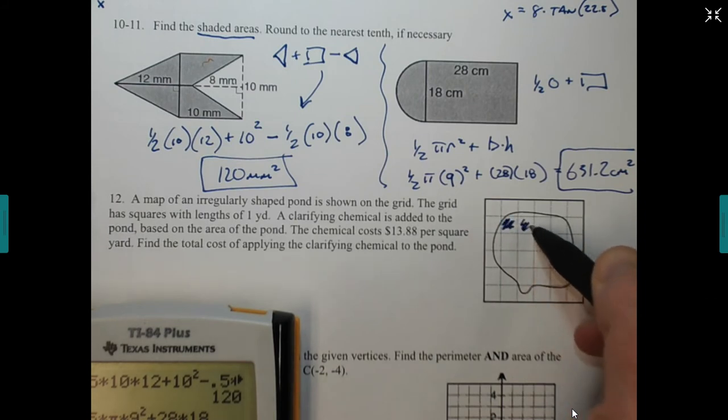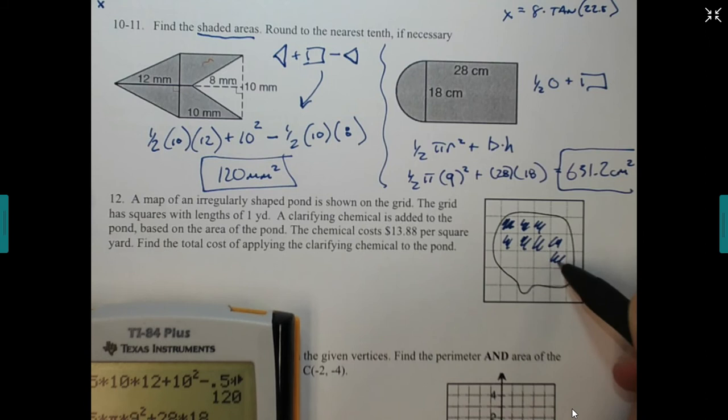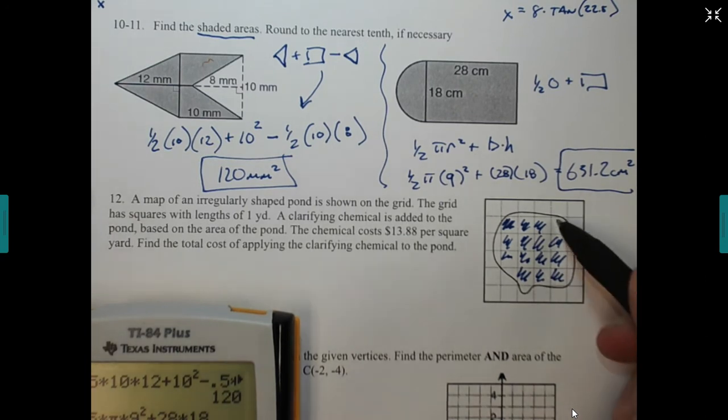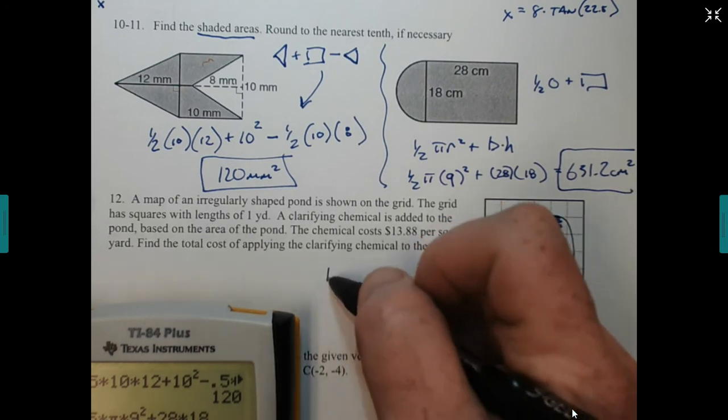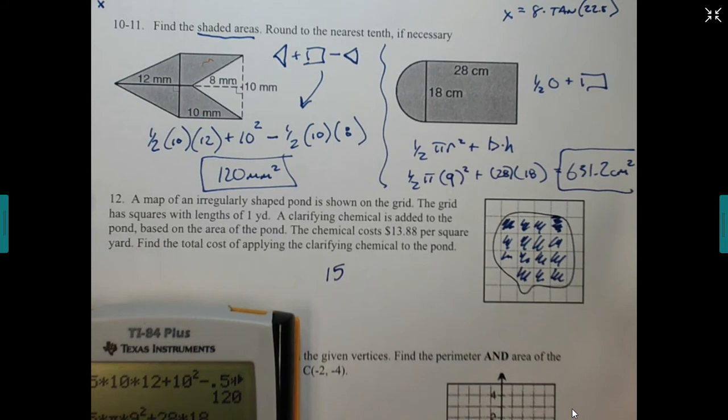I got 1, 2, 3, 4, 5, 6, 7, 8, 9, 10, 11, 12, 13, 14 for sure. Probably going to call this. So now I know I got 15. So I'll start putting ones together.